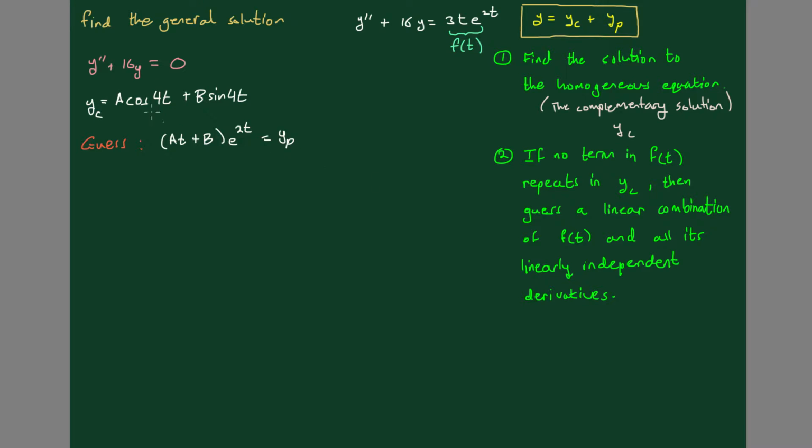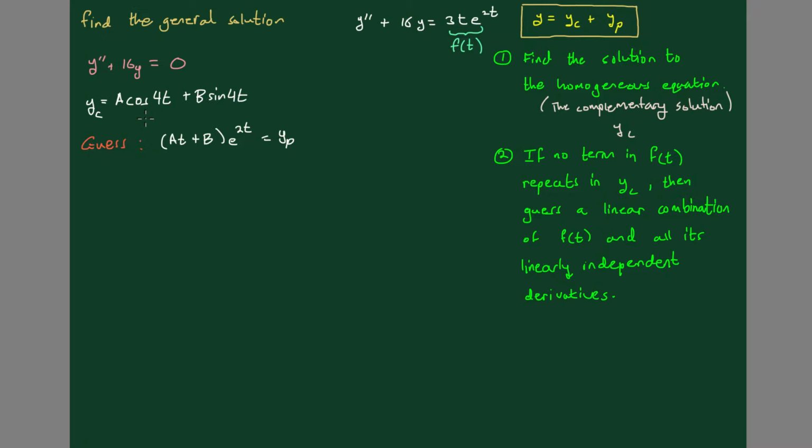Okay, so I've gone ahead here and solved for the complementary solution right away, so that we don't have to waste time writing that down. So our solution is a times cosine 4t plus b times sine 4t. So that's the solution to the homogeneous equation.